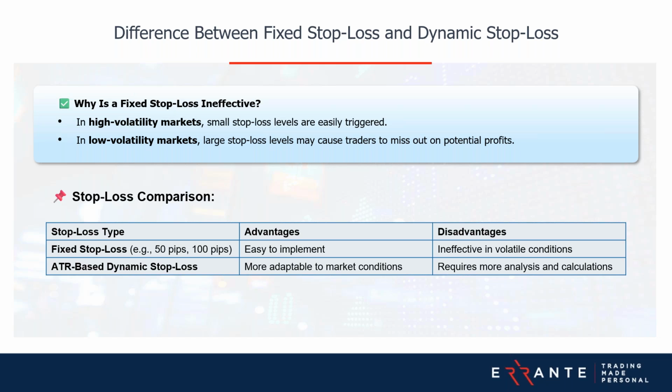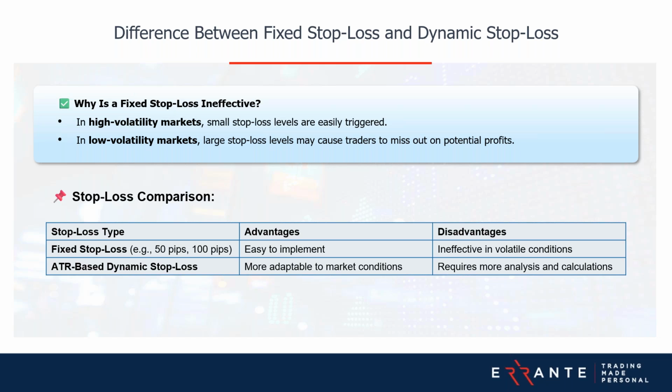ATR is only 20 pips, but your fixed stop loss is 100 pips, way too large for this situation. You could have used a much tighter stop loss, reducing your risk at least. So this stop loss here is not proper. You need to reduce it.